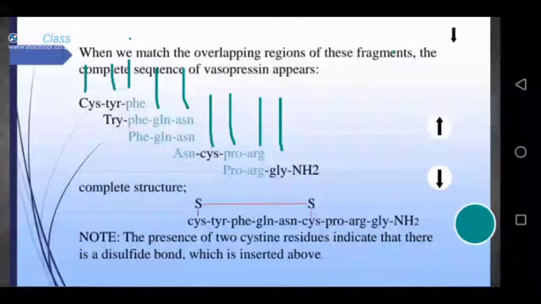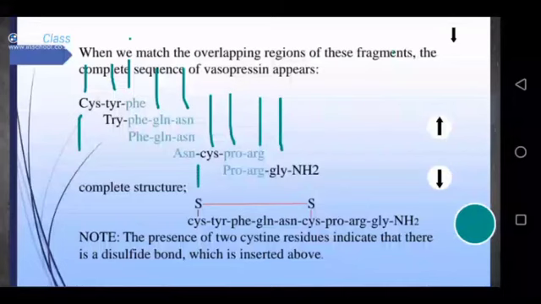From there we can bring out a complete structure, and you see that there are 2 cysteine residues. The first cysteine residue is at position 1, and the second, counting 1, 2, 3, 4, 5, 6, is at position 6. So the disulfide bond formed is between position 1 and 6.